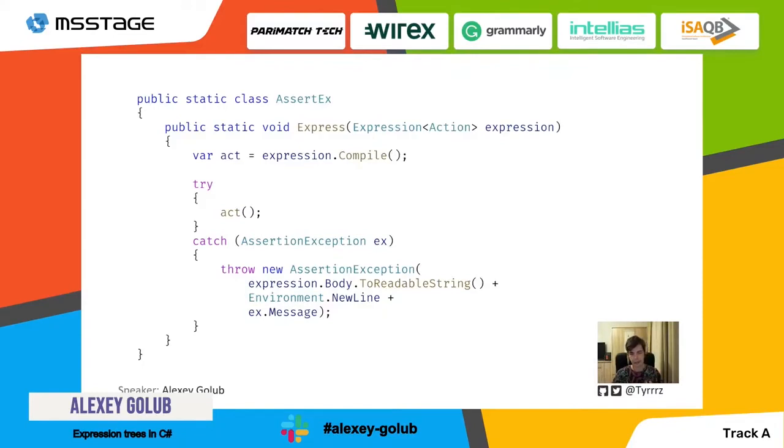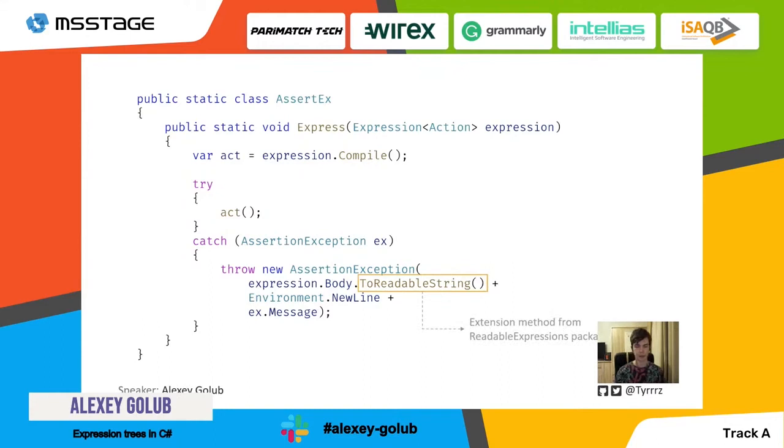And if that returns, or rather throws, an assertion exception, that means that the assertion has failed, we want to extend that and rethrow it by adding the body of the expression that actually failed, so the assertion that didn't go as we expected.